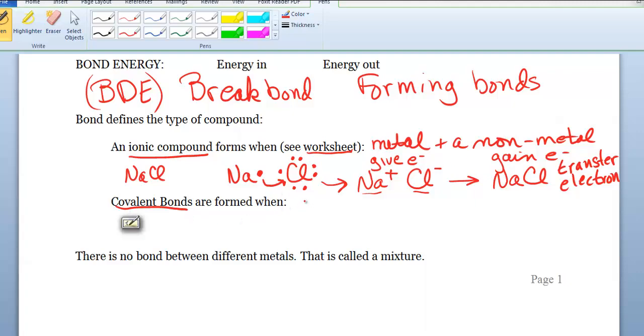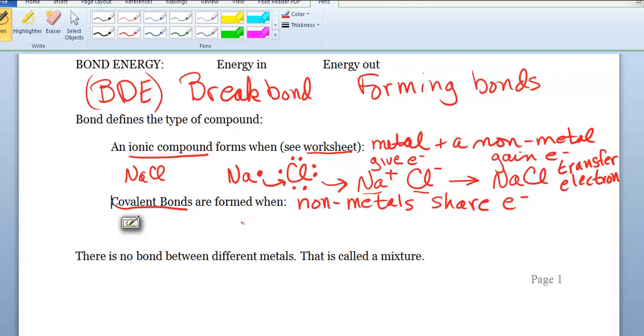Covalent bonds are formed when nonmetals, two nonmetals or more, share electrons. So, important point: ionic compounds transfer electrons, and nonmetals share electrons in a covalent bond.